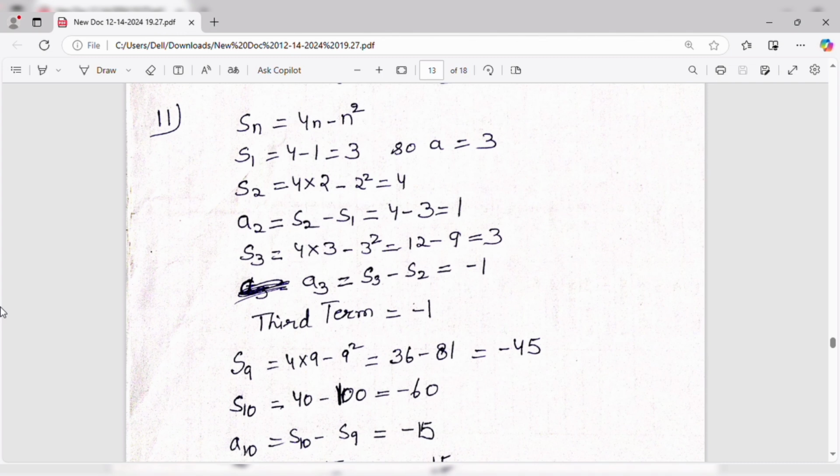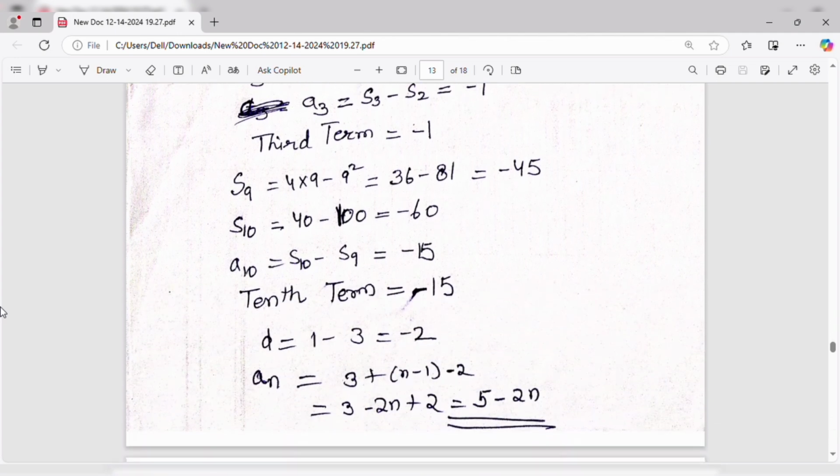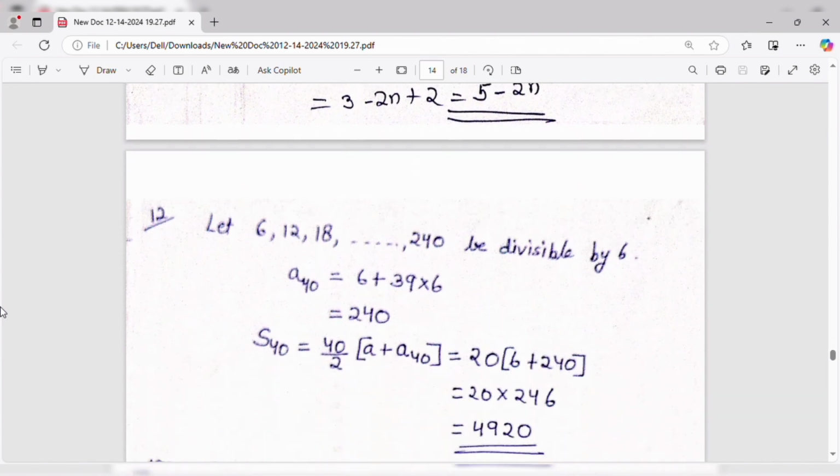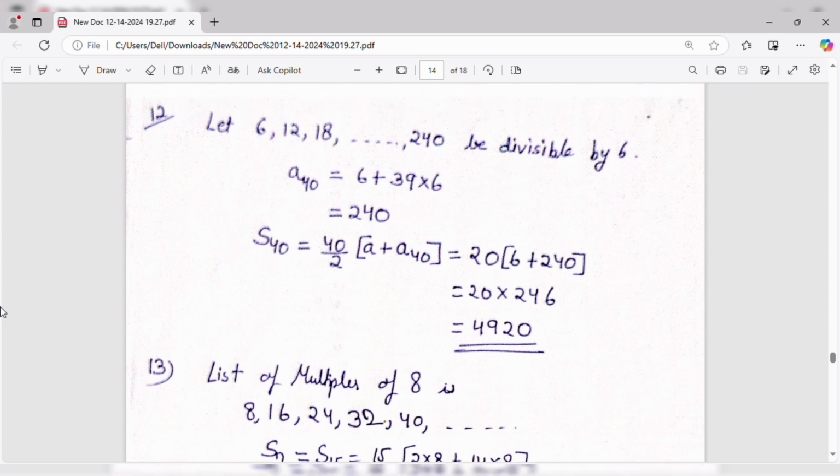Similarly, by subtracting S3 and S2, we will get the third term. To get the 10th term, we will subtract S10 and S9, so this would be minus 15. We will get d as minus 2 and an would be 3 plus n minus 1 into minus 2, which would be 5 minus 2n. This is the equation of an as asked in the question.